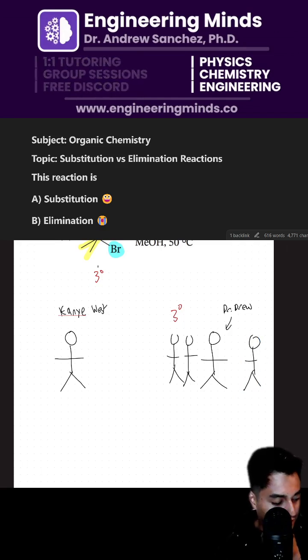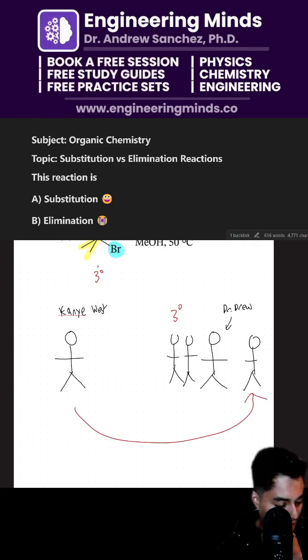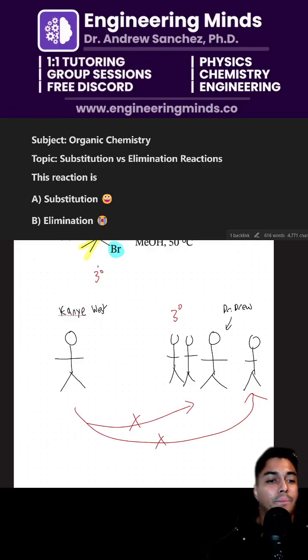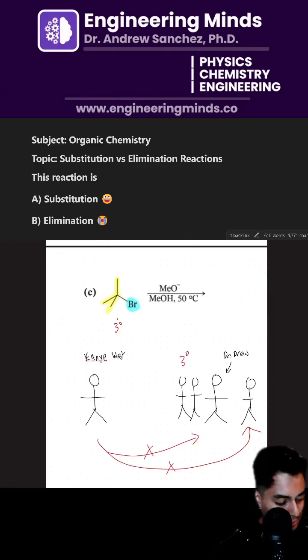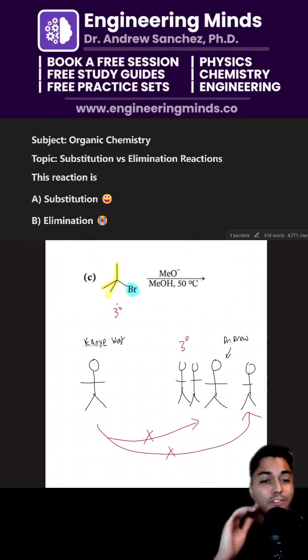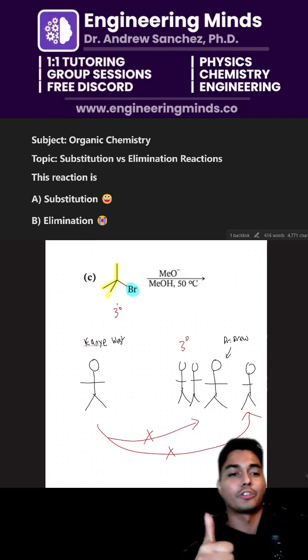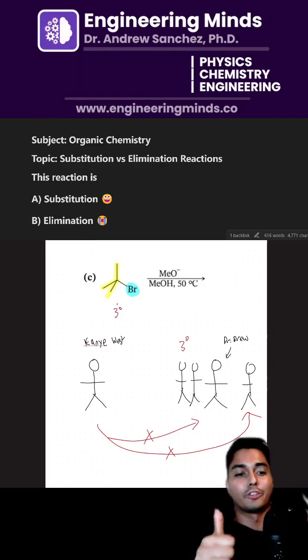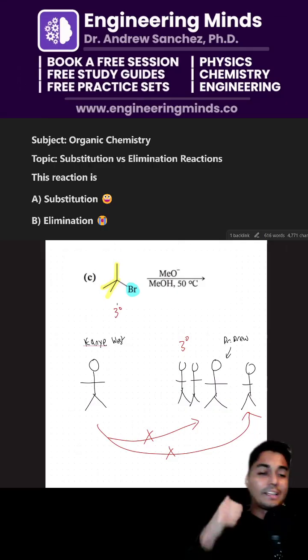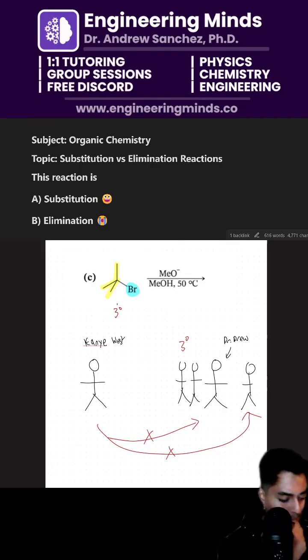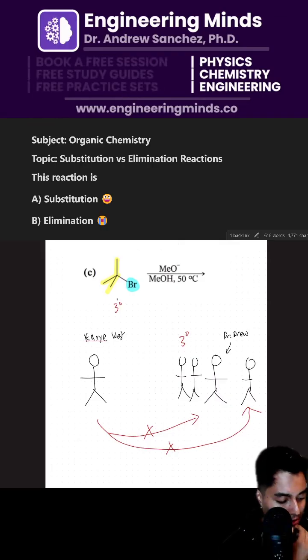There's no back door, so this is not going to be substitution. It has to be elimination, chat. Do we agree that this is elimination for sure? If you agree, go ahead and drop a thumbs up. Now we know for sure it's going to be elimination.